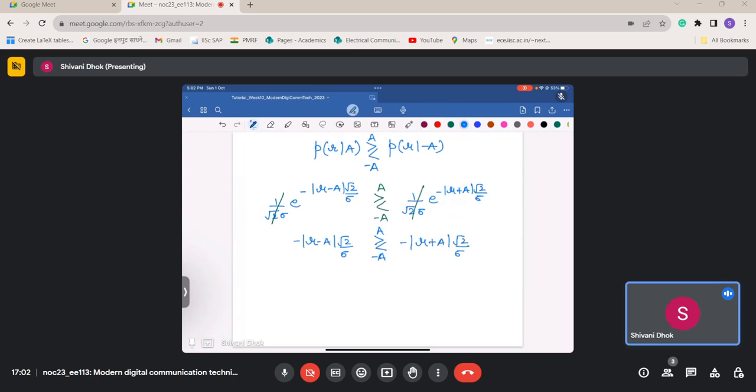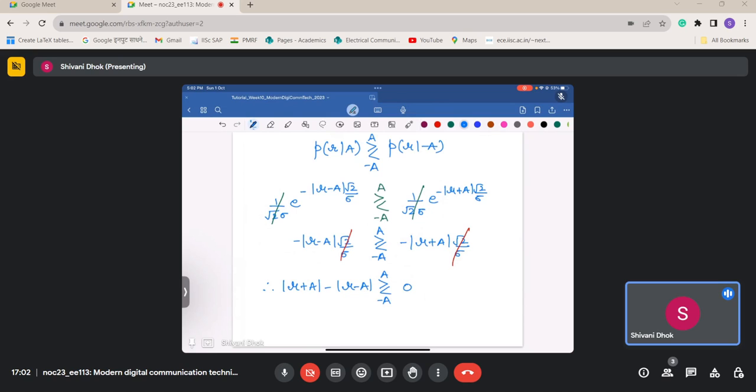Again, these two quantities are positive, so I can cancel them out, and I can take this quantity to the left hand side. So what we have is magnitude r plus a minus magnitude r minus a, like this. This is the decision rule that we are having here.